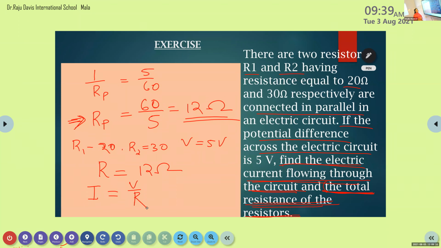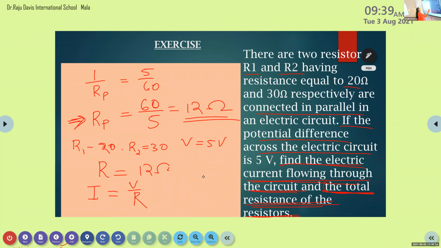But students, here we know that this is a parallel combination. So the current flowing through each resistor is different. So we need to calculate the current flowing through the resistor R1, that is I1, and the current flowing through the resistor R2, that is I2.